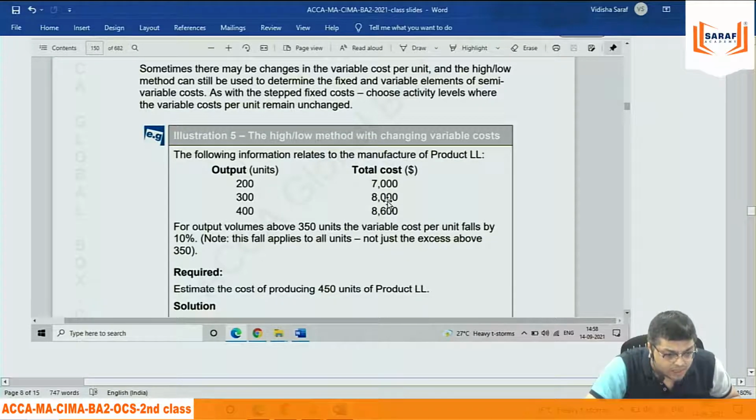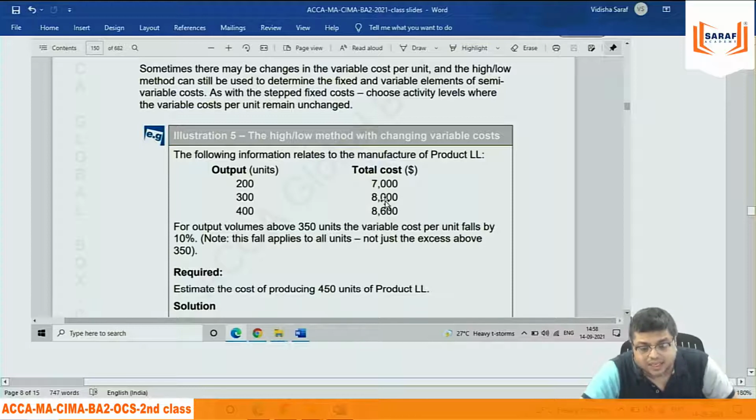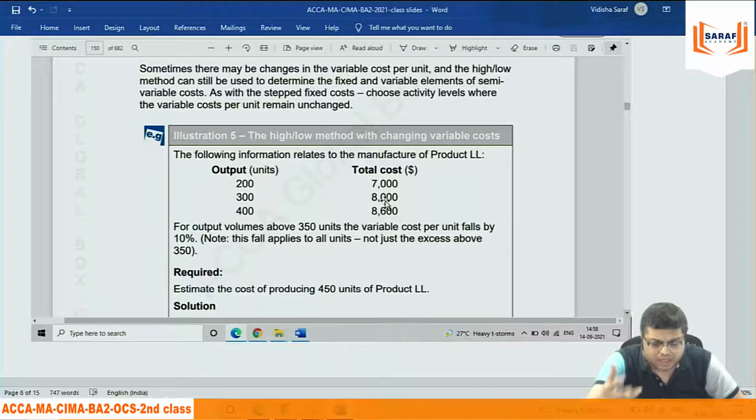The fixed cost in 7,000 and 8,000 is the same, so why is the difference of 1,000 arising? Because of variable cost. The output is 100 units more, and for 100 units, variable cost is 1,000. So what is per unit variable cost? 1,000 by 100, which is 10. This 10 is the variable cost for up till 350 units, because we are calculating on the basis of 200 and 300.